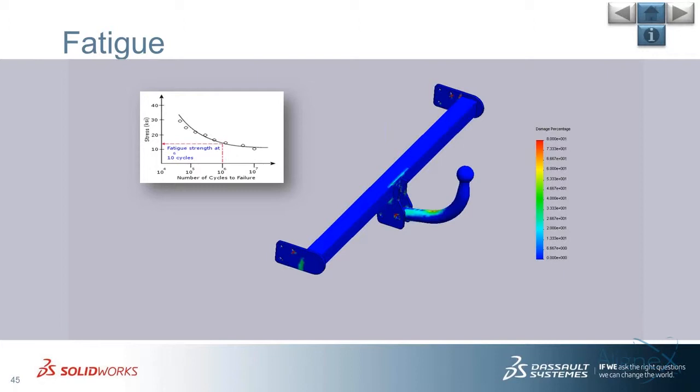We can obtain an SN curve and input that into the software along with our linear static loading case, and then tell it how many cycles to run, and we can see what our damage percentage is in any location on our model. So a damage percentage of 100% means that we would have fatigue failure, where the number of cycles that we've applied is actually over the number of cycles that location can take based on the SN curve.